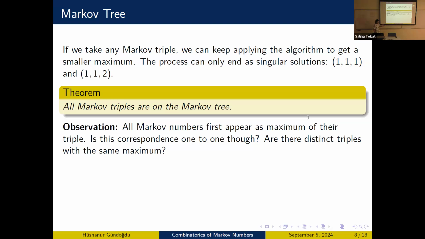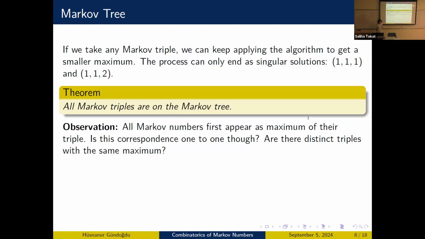So we can say that every Markov number appears as the maximum of a triple. But does every one of these Markov numbers appear exactly once as a maximum in a Markov triple?